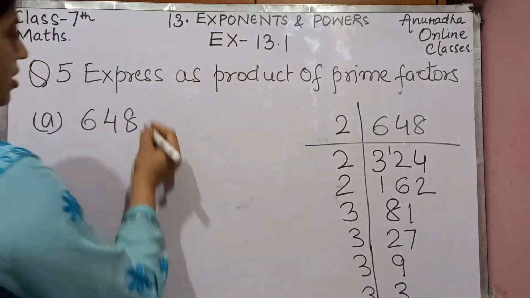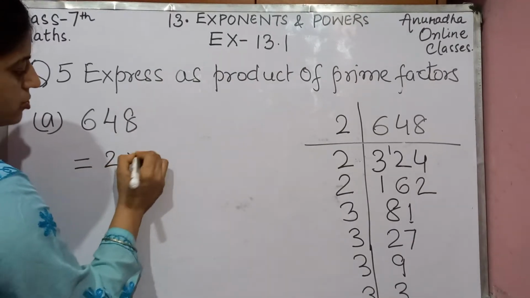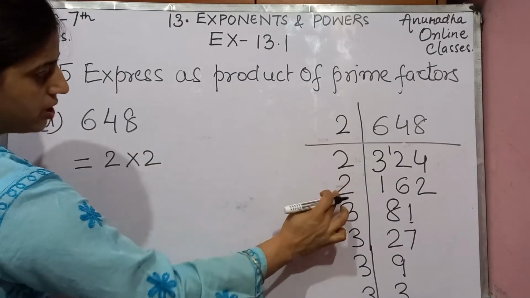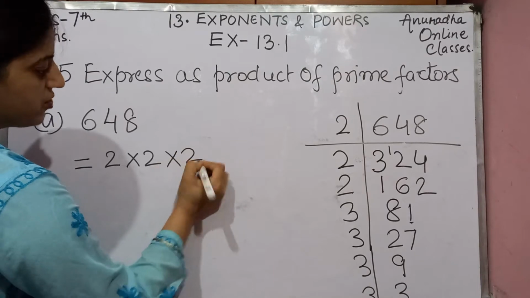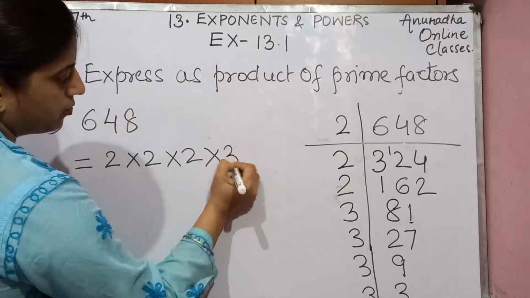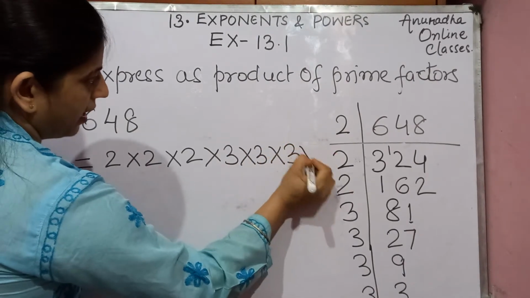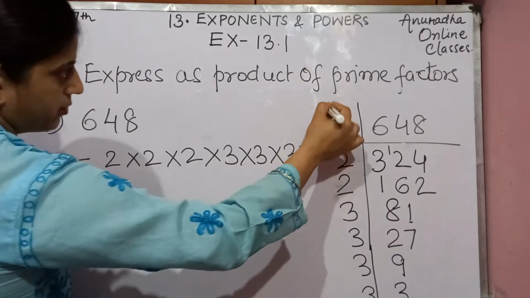So what is the LCM of this? See, it is 2 into 2, 1 2 3, 3 times 2 and 1 2 3 4, 4 times 3, right?